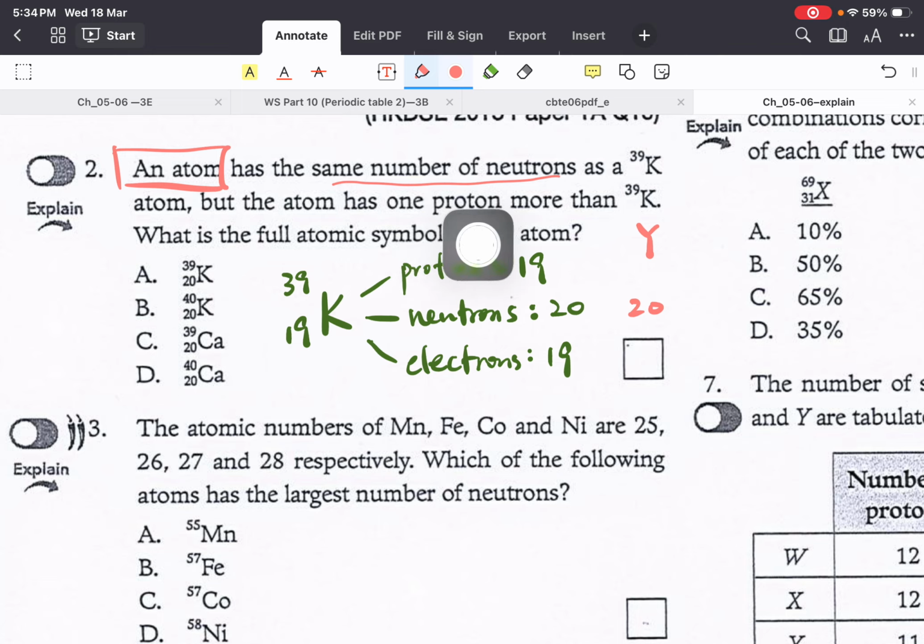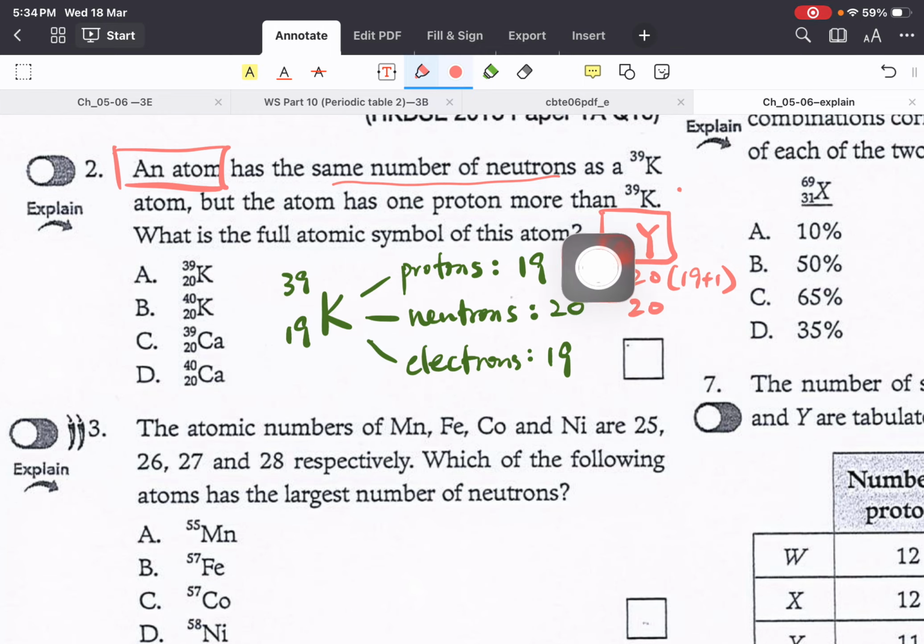And then the atom has one proton more than this one. So it's not 19 anymore. Y has 19 plus 1, so it's 20. So what's the full atomic symbol? Atomic symbol, proton, 20. So Y should be 20 right here.